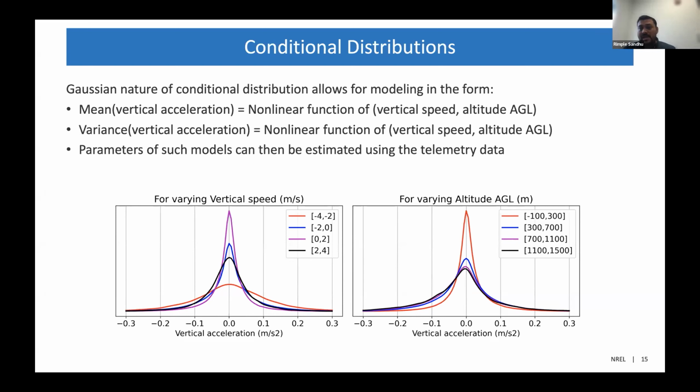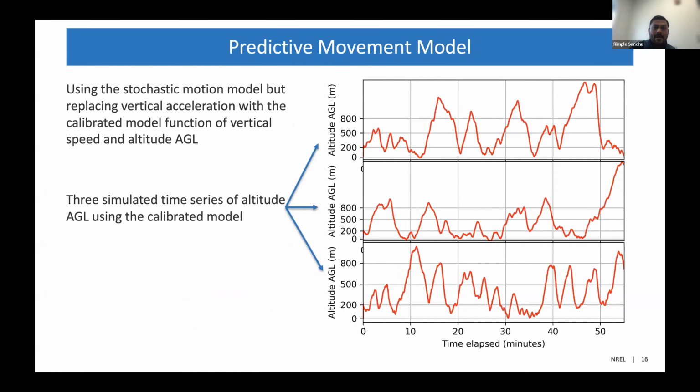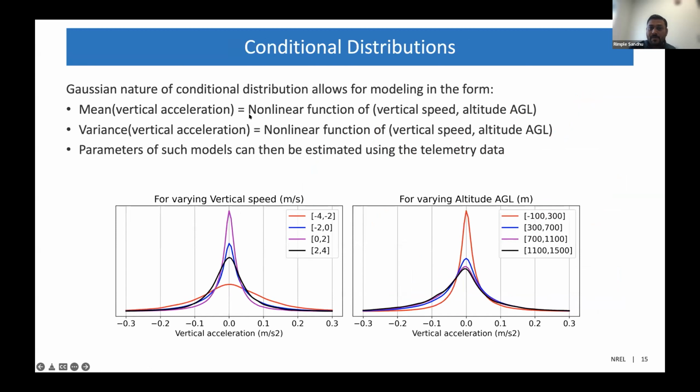So taking this example, for instance, we build a model of vertical acceleration, how it varies with vertical speed and altitude above ground level. And we estimated its parameters. It's an algebraic equation. I'm not going to go into details, but we use a way to test whether the model has fitted right or not using some cost function.